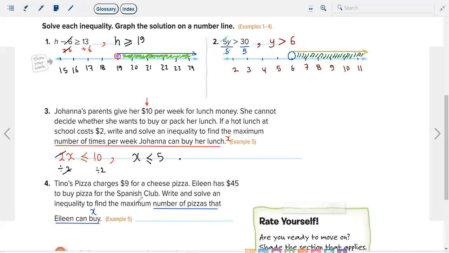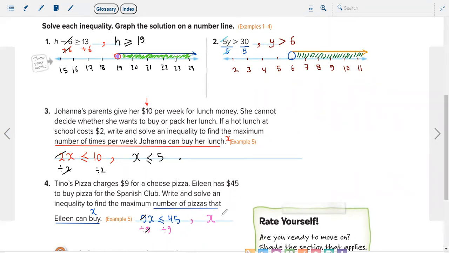So the price of one is 9. So 9x smaller than or equal to 45. Also, we are going to divide here by 9. Divide by 9 for both sides. So x remains alone because 9 got cancelled with division.